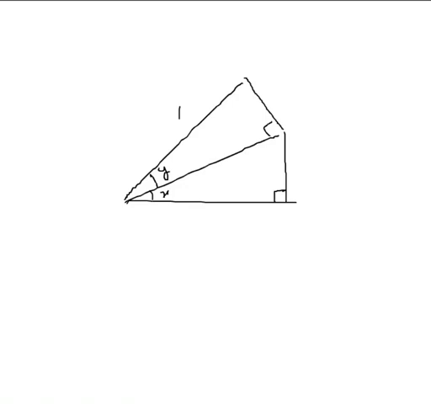And let this hypotenuse be 1 unit. A, B, C, D. Draw a perpendicular, E. And from here draw another perpendicular. Let this be F. You need not learn the proof, I am just explaining it.